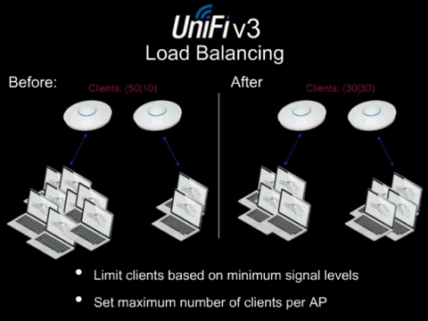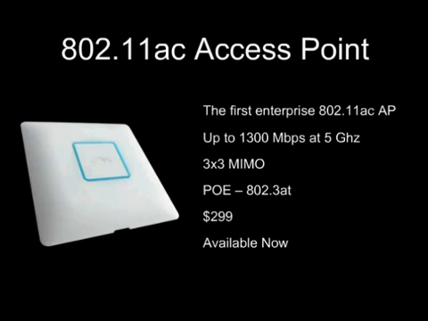And then I just want to spend maybe a minute talking about our latest and greatest access point, the 802.11ac AP. This was actually the very first enterprise 802.11ac access point to be both announced and shipped, and these are available now. They have terrific performance and can do up to 1.3 gigabits per second at 5 gigahertz in aggregate throughput.